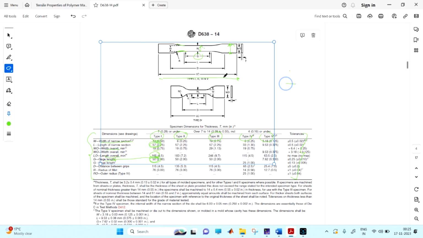Like this, we can come to know the dimensions directly from the ASTM.